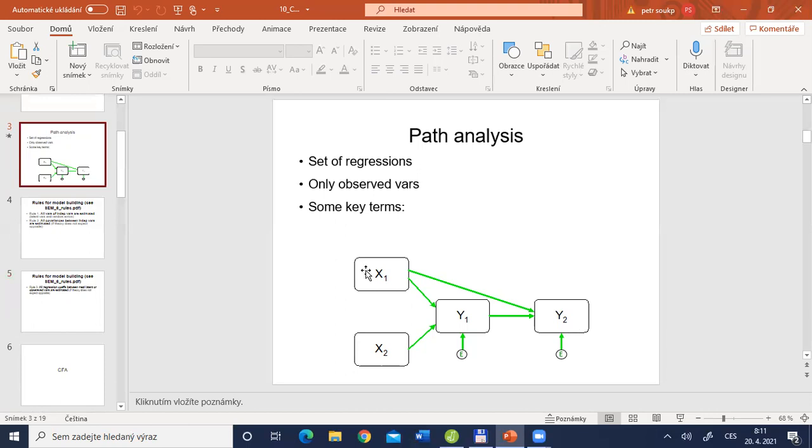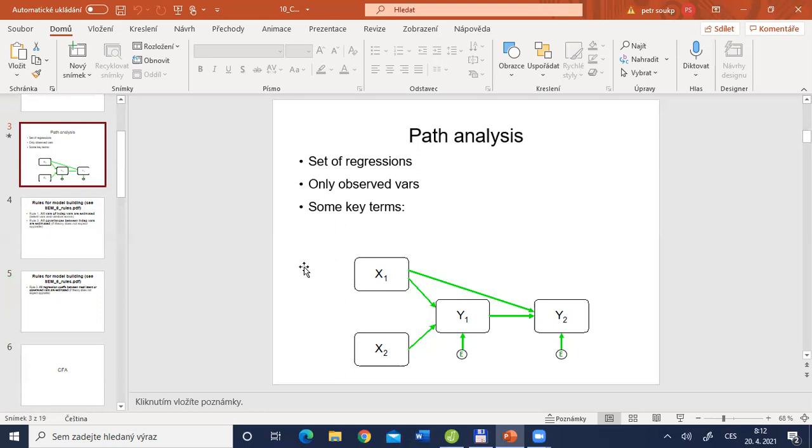But as maybe the theory behind this picture says, there is no expected direct relationship for x2 and y2, so please don't use it. So once again, the general rule says everything should be related, every variable should be related to each other. If the theory says the opposite, then please don't use these relationships. So these are the basic 3 rules that are mainly applied to simple models, meaning correlation, regression, and path analysis.